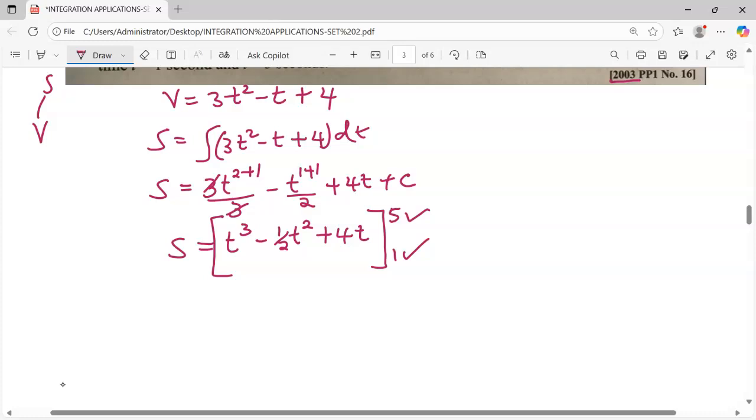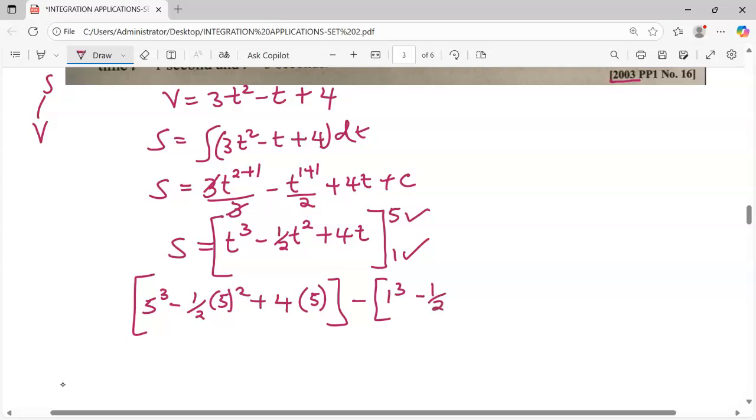The maximum value of t is 5, this one is cubed, minus half times t squared, which is 5 squared, plus 4 times t, which is 5, then minus the minimum value of t is 1, we are going to cube this, minus half times 1 squared, plus 4 times 1.